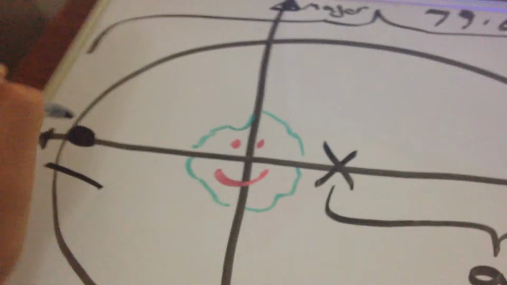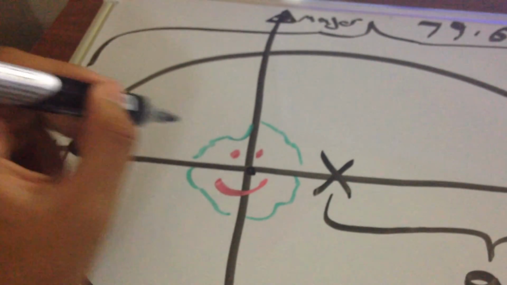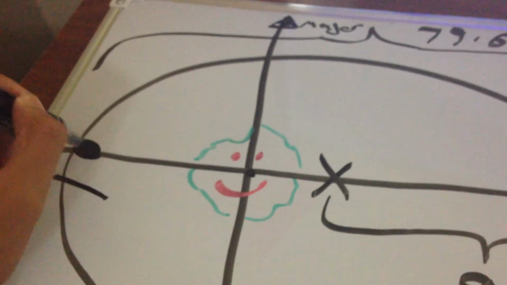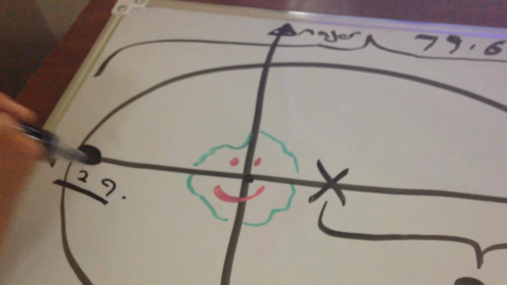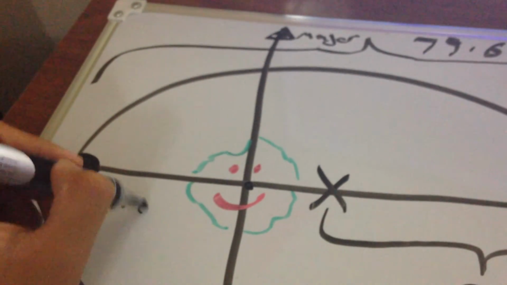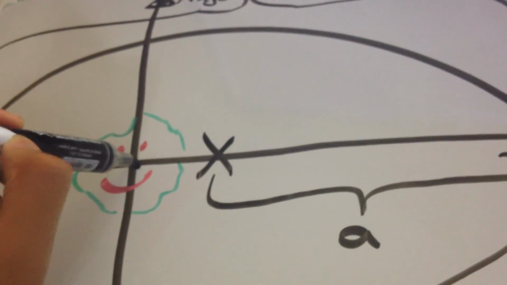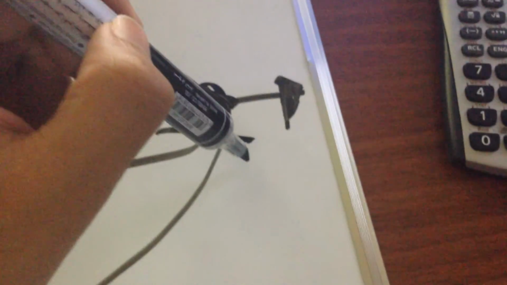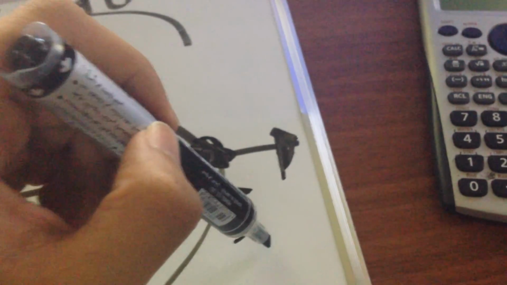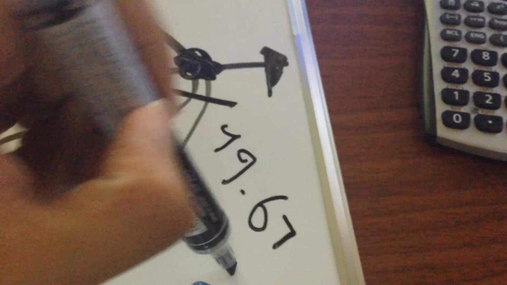So now going back, the distance from the sun to the nearest point is 29.93, and the distance from the sun to the farthest point, which we call the apogee, is 49.67.